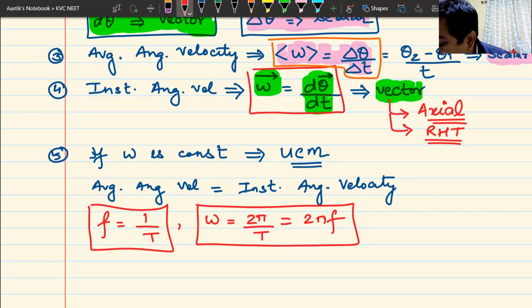Do we understand this? Do we remember this? If omega is constant, it is known as UCM. Frequency is 1 by T, omega is 2 pi by T. That was when omega was constant.